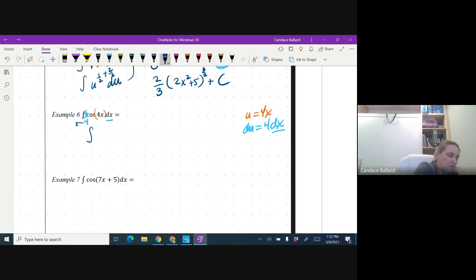I'm going to choose to rewrite it and pull that denominator 4 out front and put the 1 on top. And then we are left with 4 cosine of 4x and then dx.